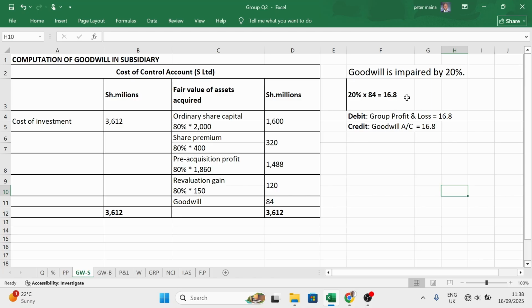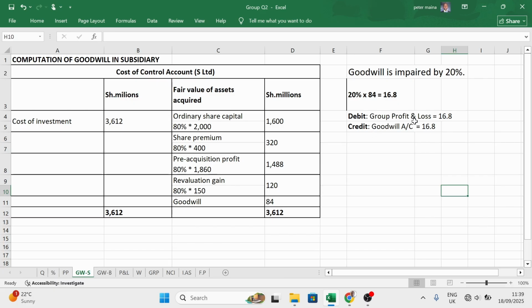And because this is a partial goodwill, this goodwill is only for the parent. The minorities have no share. So goodwill impaired will not be shared by the minorities. So these are the entries. This is how we are going to account for the goodwill impaired. We are going to debit group profit and loss.